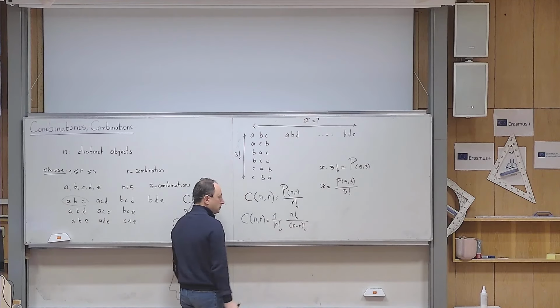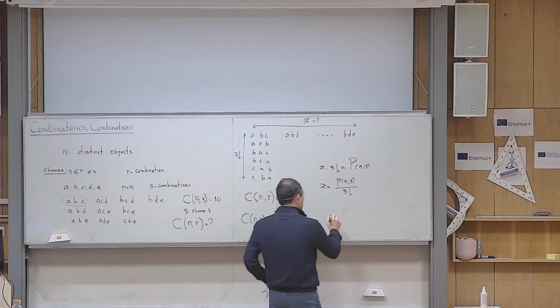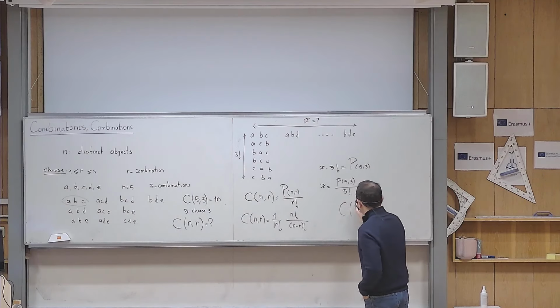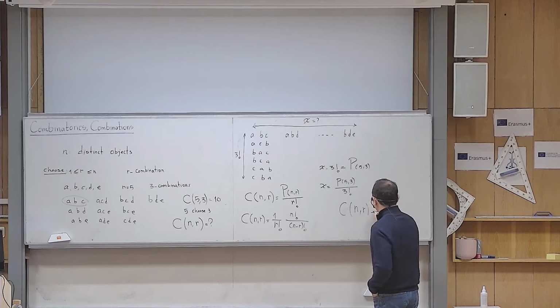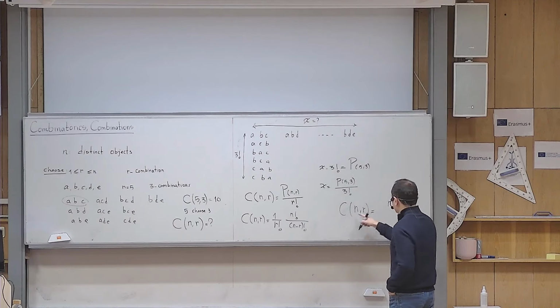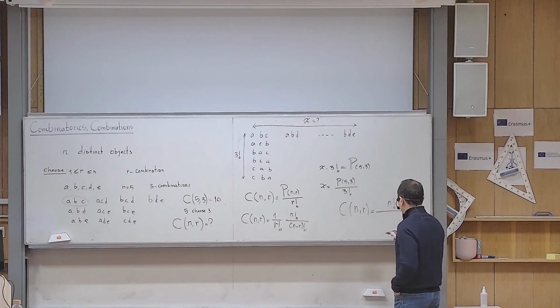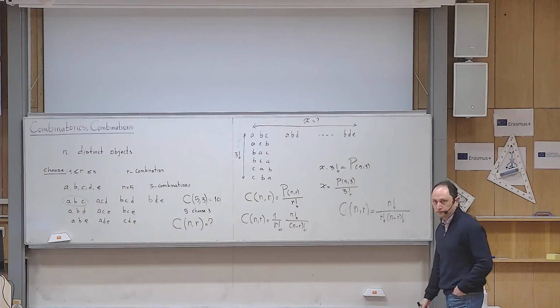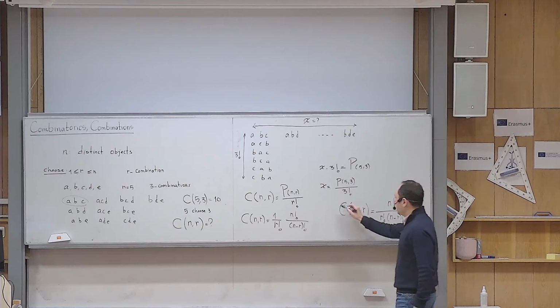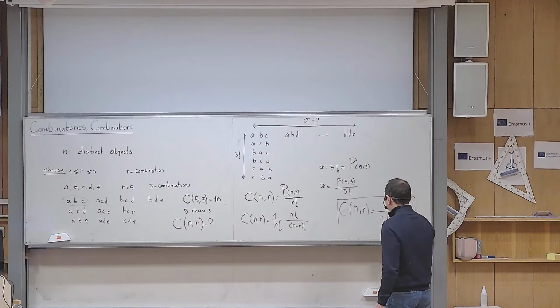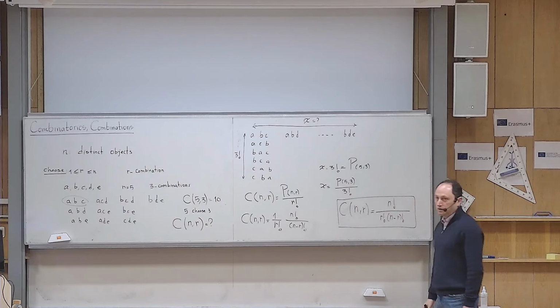So if you combine these 2 fractions, then this is your formula. N choose r is equal to n factorial in the numerator divided by the factorial of the difference of these numbers in the denominator. We also have an extra factor of r factorial. Well, this is when we don't care about the order, only care about the combinations.